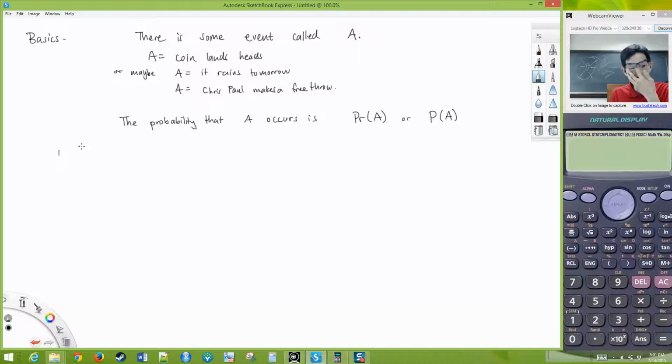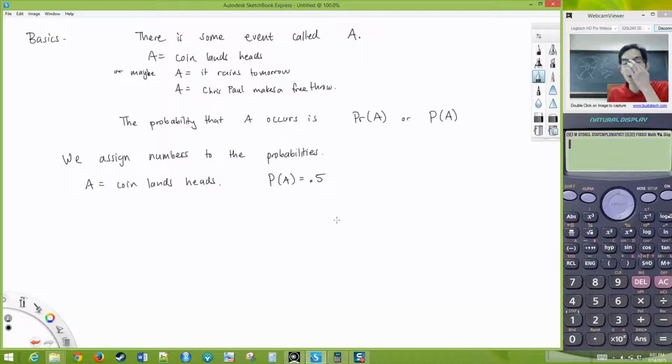And we're going to assign numbers to the probabilities. So for example, A is coin lands heads. Then we say probability of A is equal to 0.5. But do not write A equals 0.5.